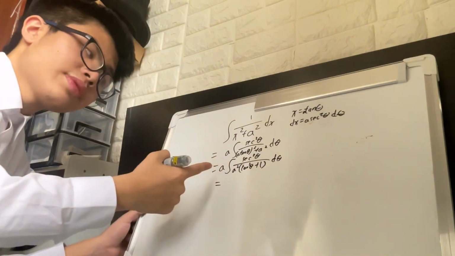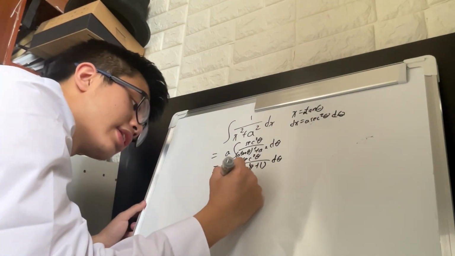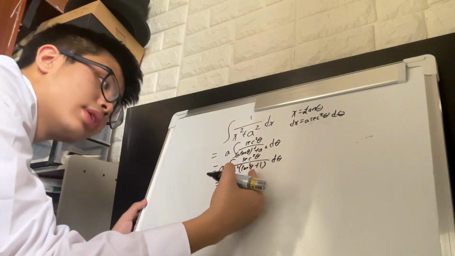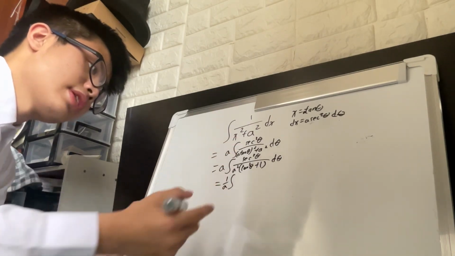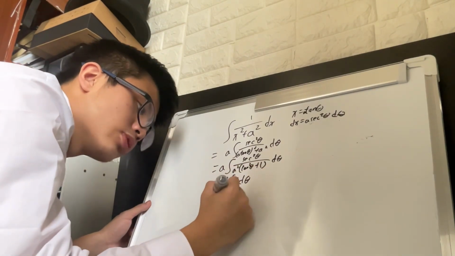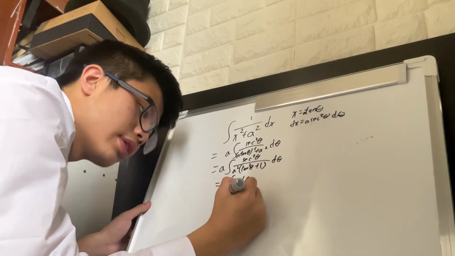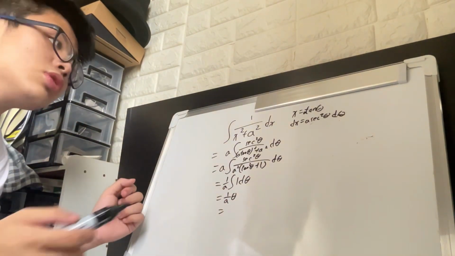Here, a over a squared, we get 1 over a times the integral of tangent squared theta plus 1, which is equal to secant squared theta, and secant squared theta over secant squared theta gives 1 d theta. So you get 1 over a theta. What's our theta?